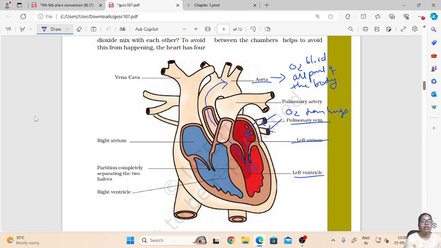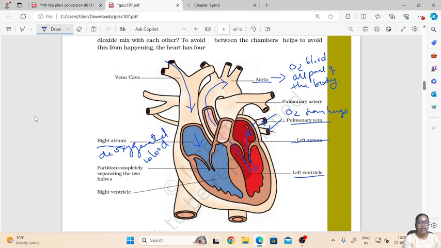So here, through the vena cava, the right atrium receives what? Deoxygenated blood. From the right atrium it is then pumped to the right ventricle.